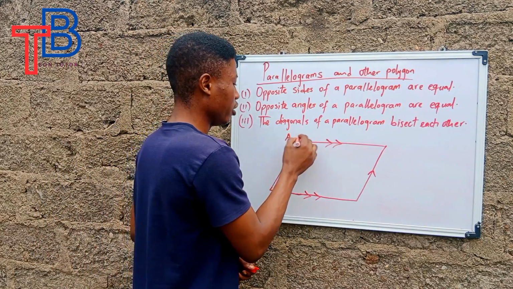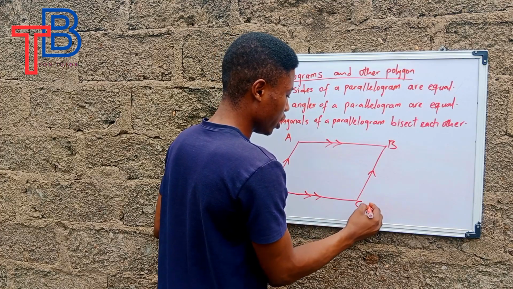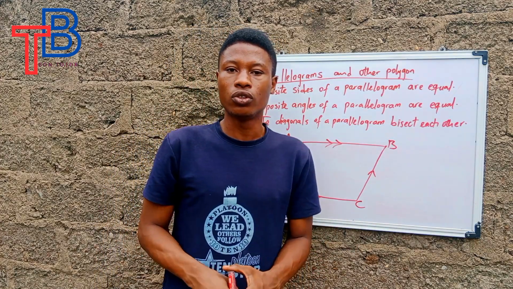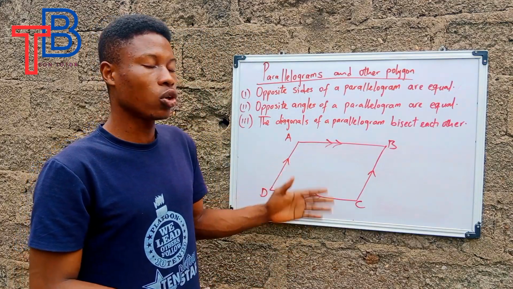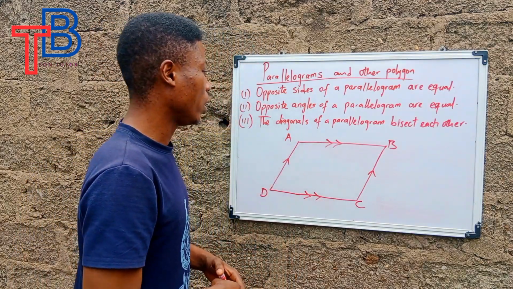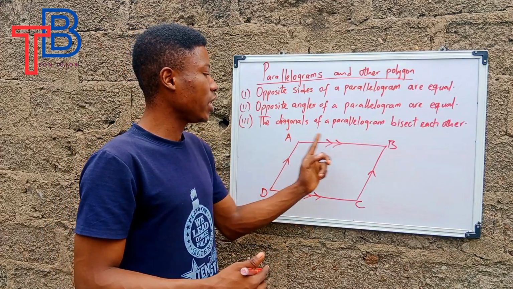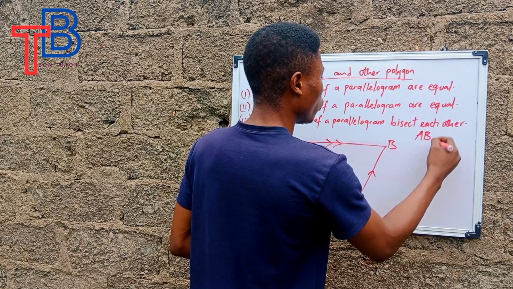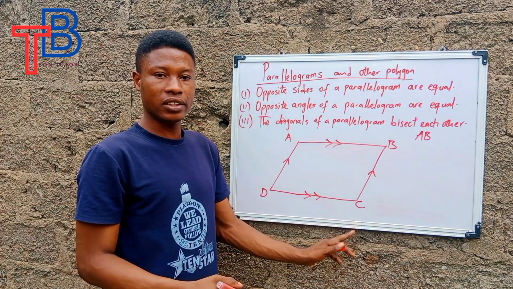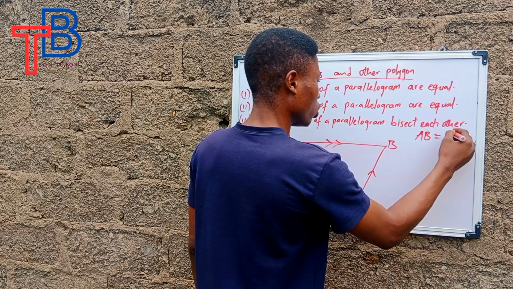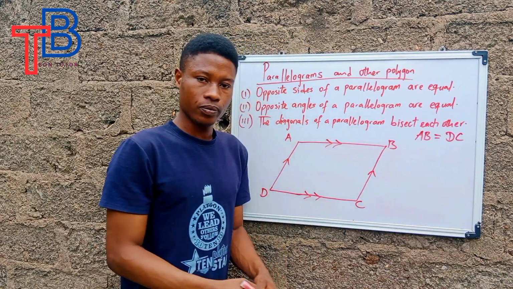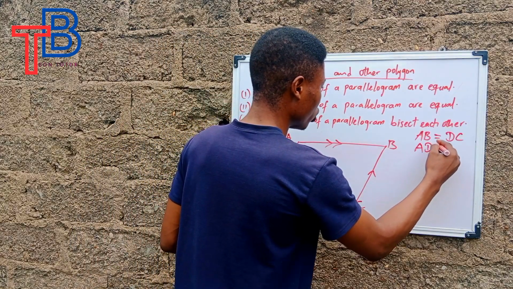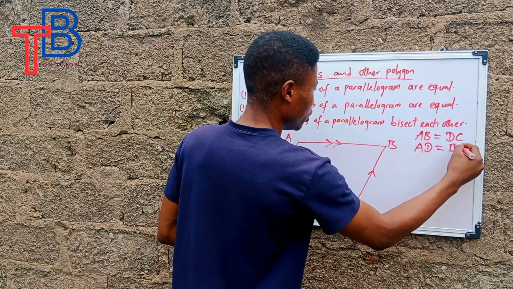Let's call here A, here B, here C, and here D. For you to call a shape a parallelogram, we are trying to let you understand that the length AB will not only be parallel with DC, but also will be equal to DC. Same thing applies to AD, it will also be equal to BC.